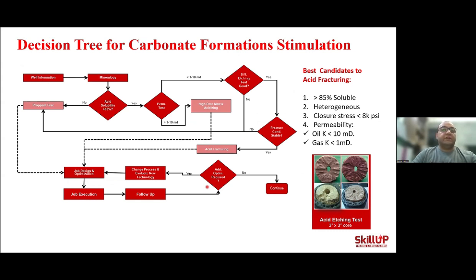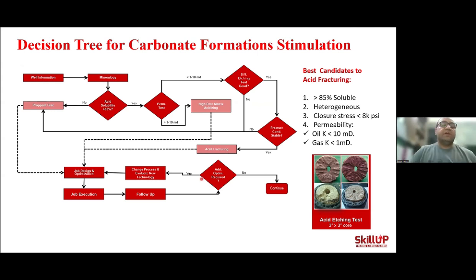This is a very simple tree, and it's based on many factors like solubility, heterogeneity of the reservoir, closure stress, permeability value. Based on these factors, you can determine which stimulation technique you will proceed with.